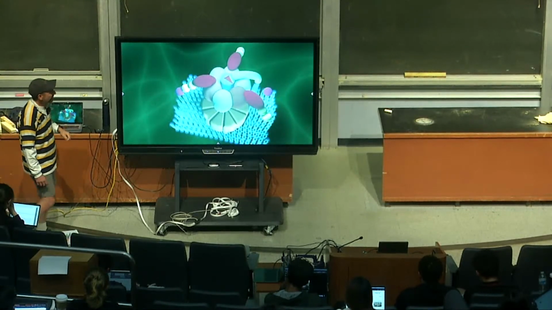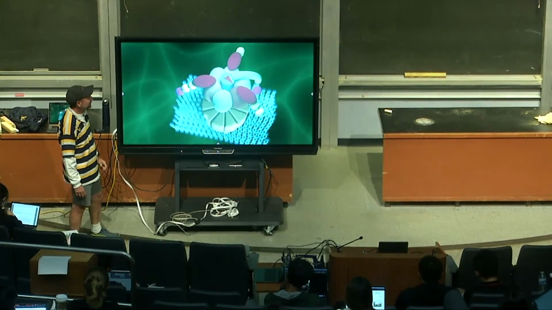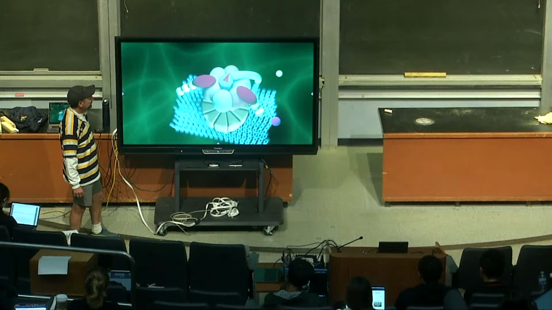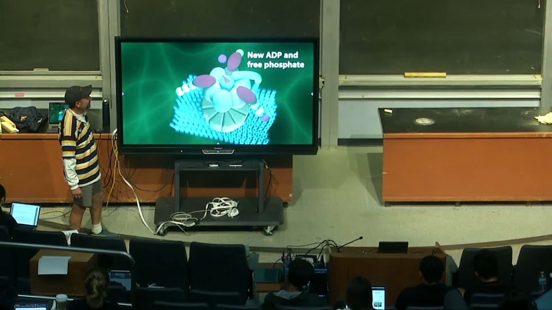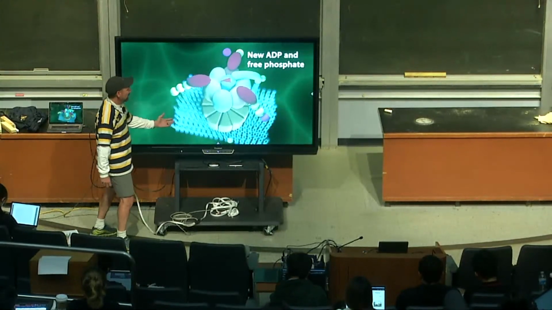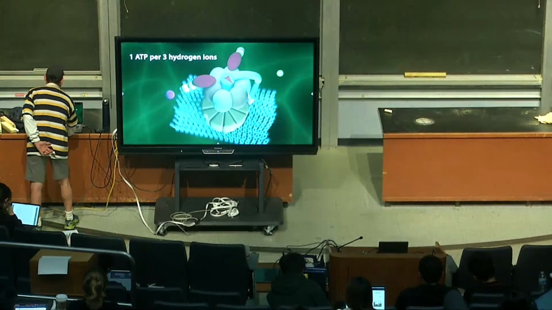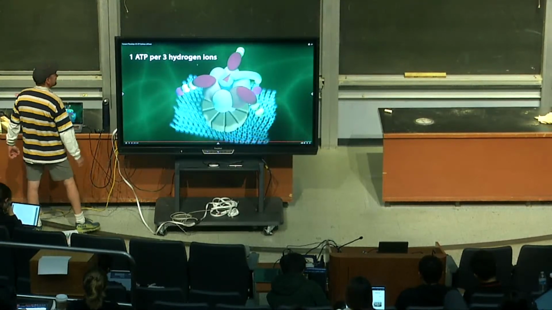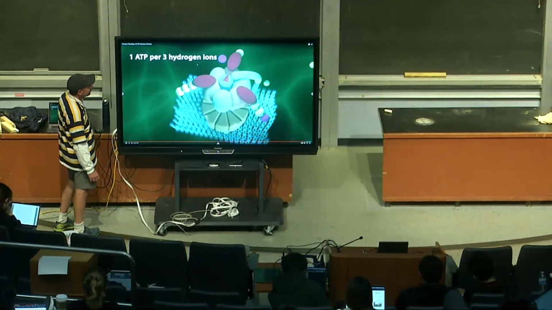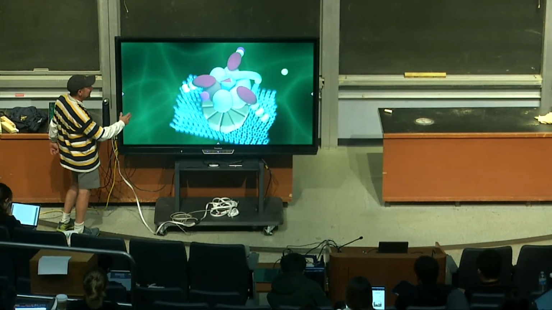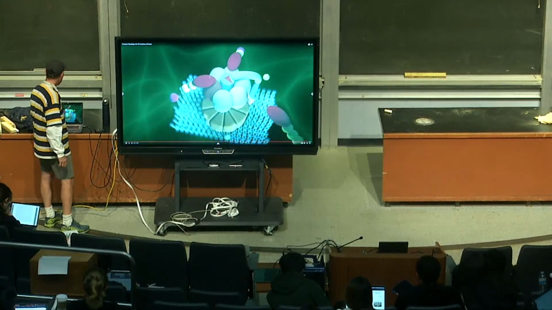The axle rotates another 120 degrees, which promotes the formation and release of ATP, after which a new ADP and free phosphate bind to that unoccupied beta subunit. This process continues to produce 1 ATP for every 3 hydrogen ions transported from the intermediate space into the matrix. It occurs in each of the 3 beta subunits.